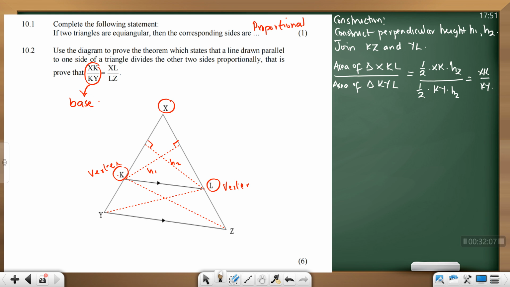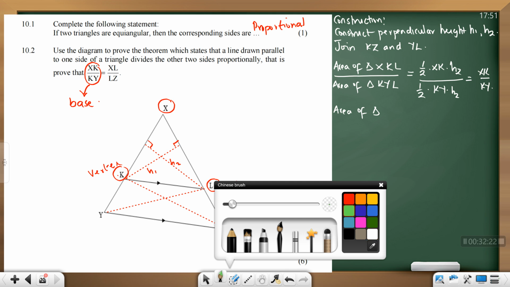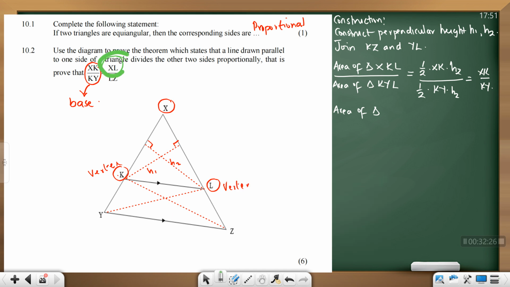Do the same for the right hand side. What would I have? Area of, what is the base that I'm given? XL. What's the vertex? K. It's very simple. Look at, you are given what? XL, right? XL. So XL, jump to the other side in the middle. K, I'm done.